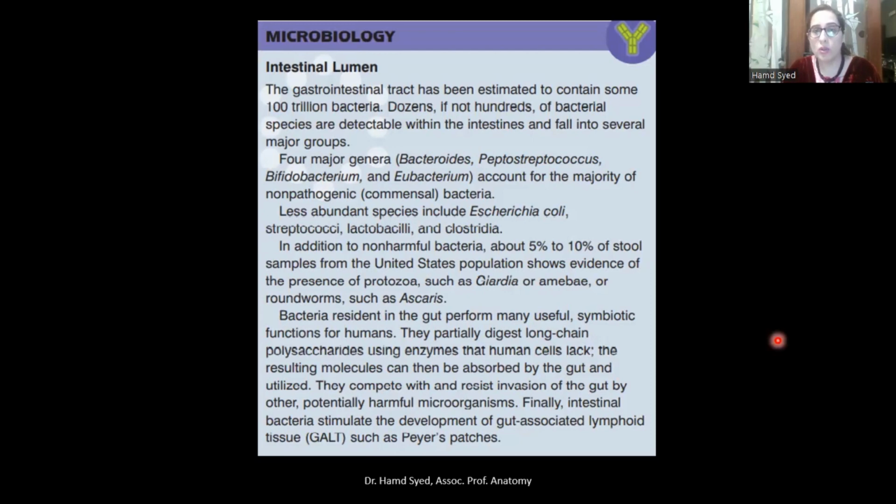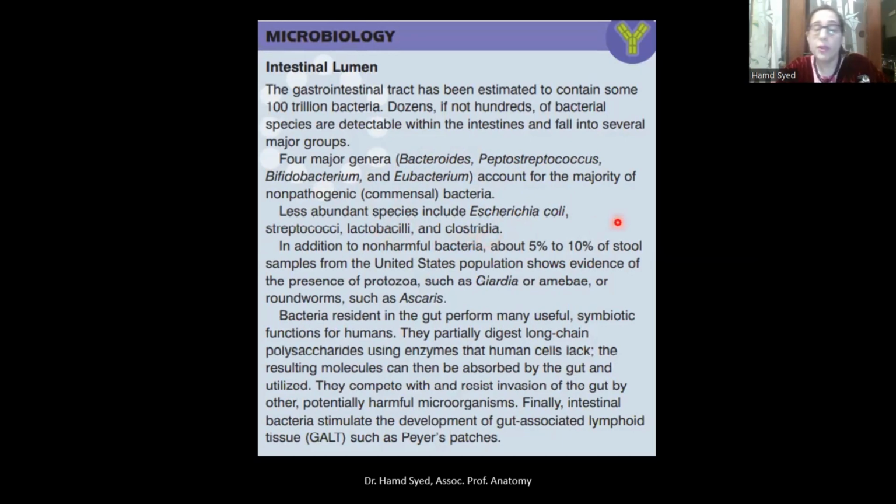So many species of bacteria are present, but we can group the majority of these bacteria, which are the non-pathogenic, also known as the commensal bacteria, we can simply say the friendly bacteria, into 4 main groups: the Bacteroides, the Peptostreptococcus, the Bifidobacterium, and the Eubacterium. And less abundant are the E. coli, streptococci, the lactobacilli, and Clostridia.